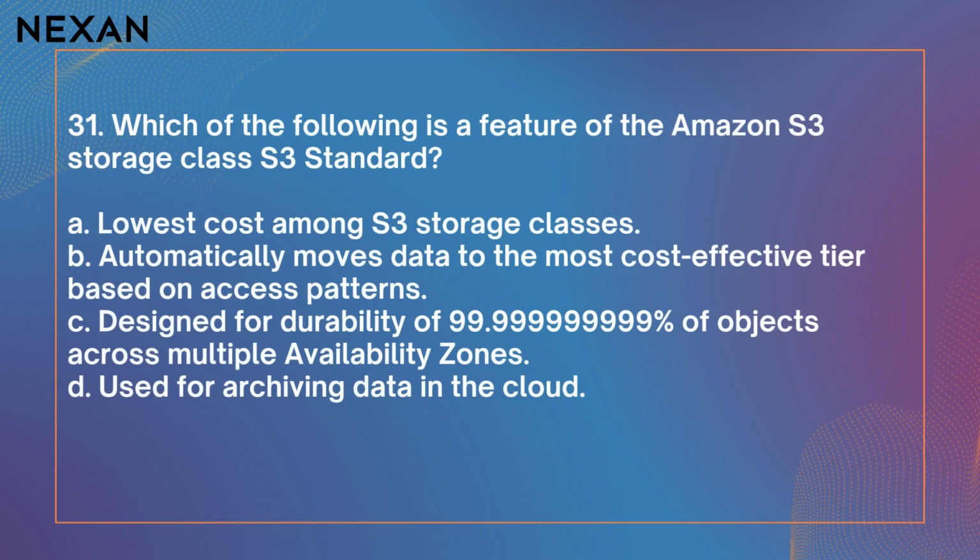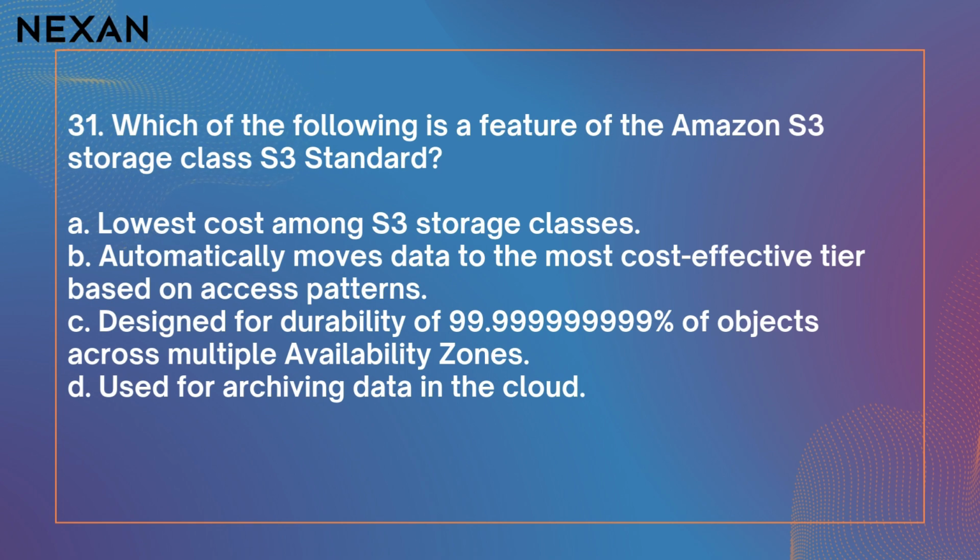31. Which of the following is a feature of the Amazon S3 storage class, S3 Standard? A. Lowest cost among S3 storage classes. B. Automatically moves data to the most cost-effective tier based on access patterns.